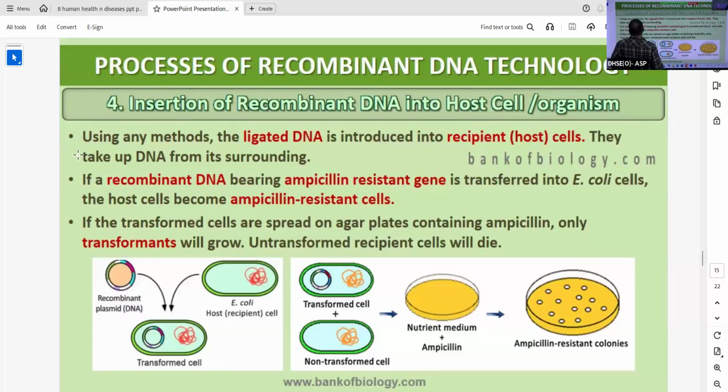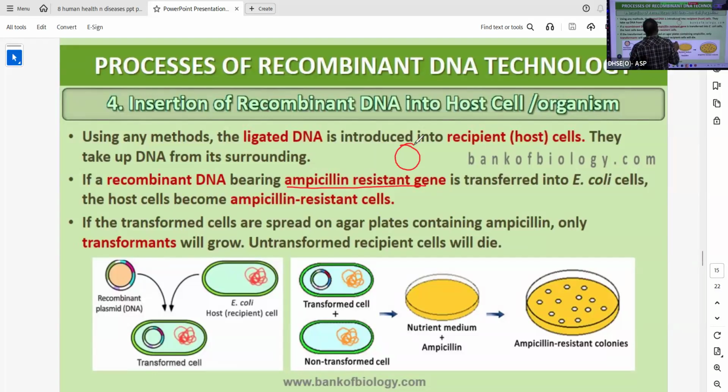Now, if a recombinant DNA bearing an ampicillin resistant gene, okay, an ampicillin resistant gene, how did it get there? It is a plasmid, okay?